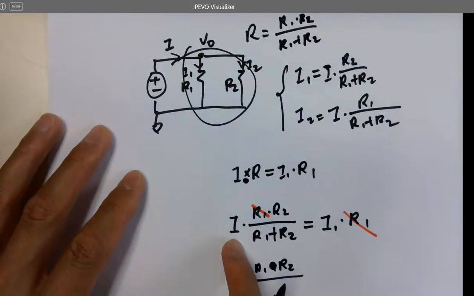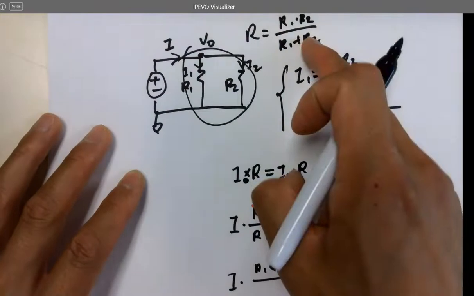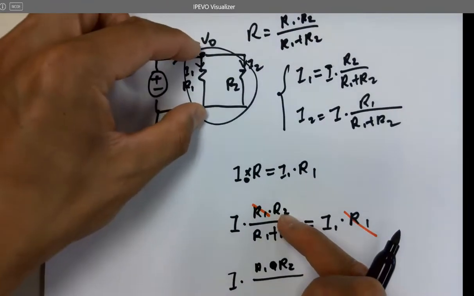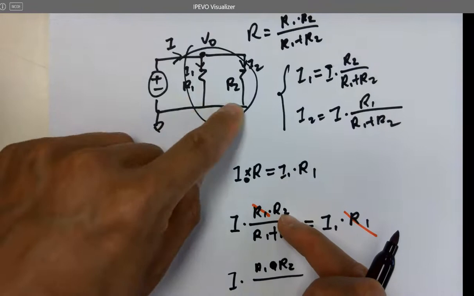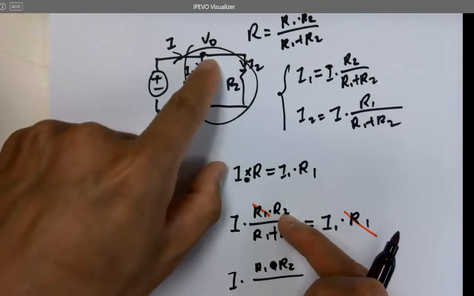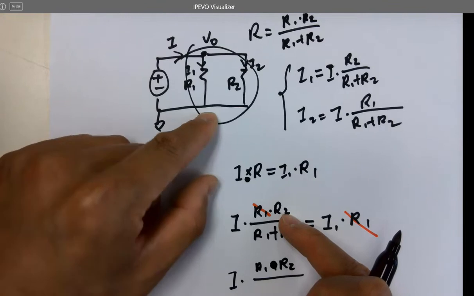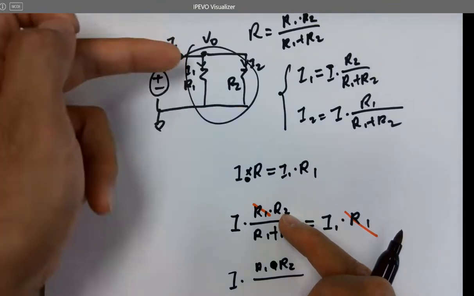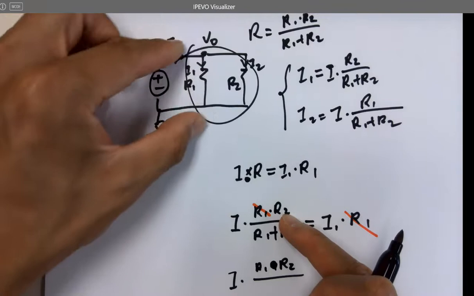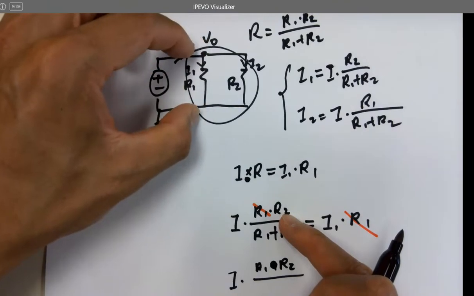So I times the overall R, which is this guy, is the voltage here, because they are the same nodes, so same potential. VO, VO, ground, ground. So the overall current times the overall resistor is going to be the voltage across these two nodes.